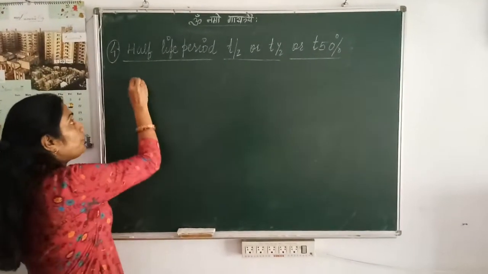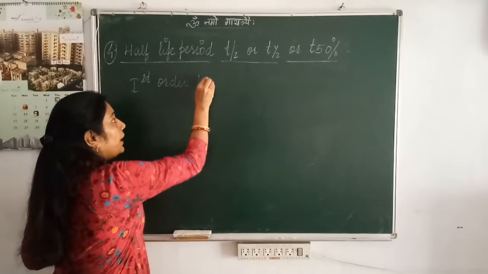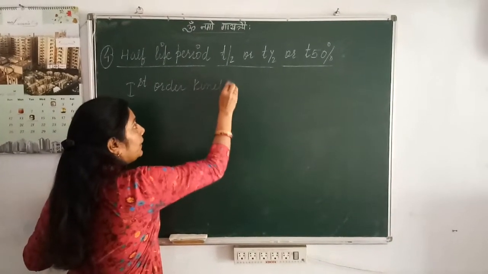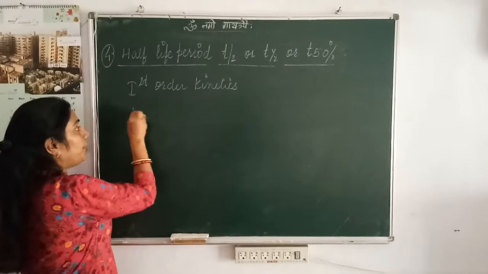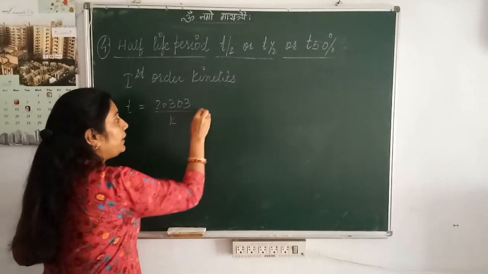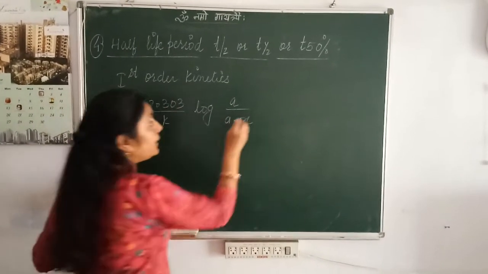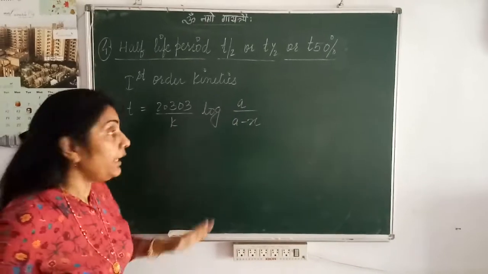So as you all know, just now we have derived that for first order kinetics, the expression is t = 2.303/k log a/(a - x), or log a naught by a.